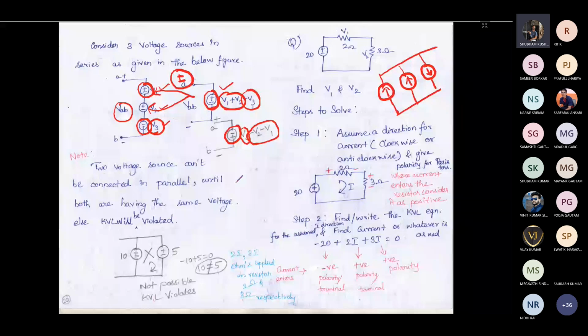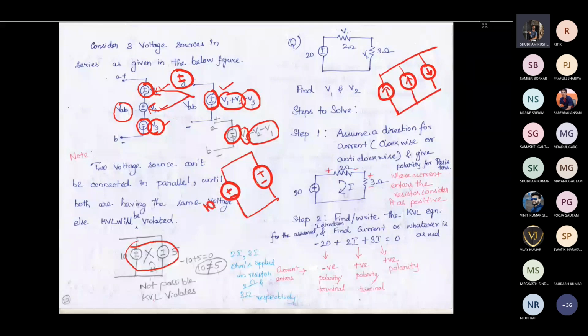So here, when you are connecting two voltage sources like this in parallel, it is not possible to connect voltage sources in parallel in general. Then these two voltage sources should be of the same voltage magnitude.